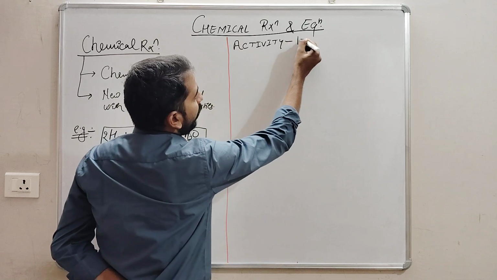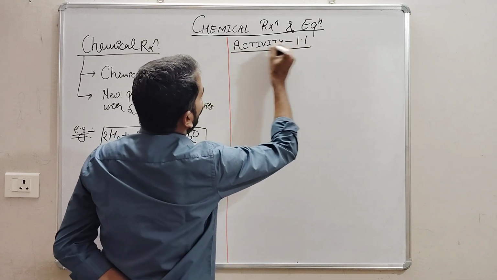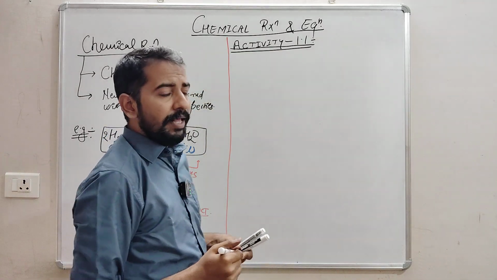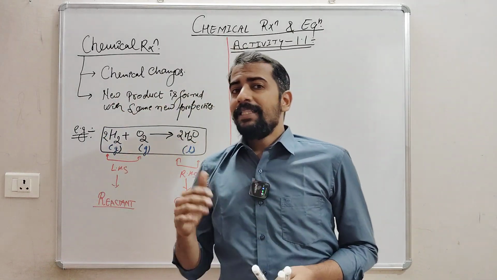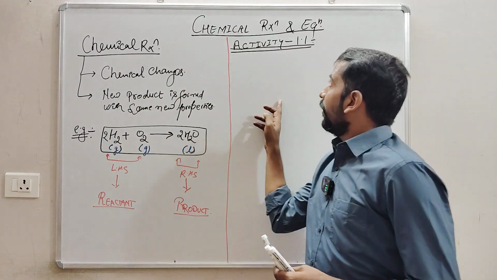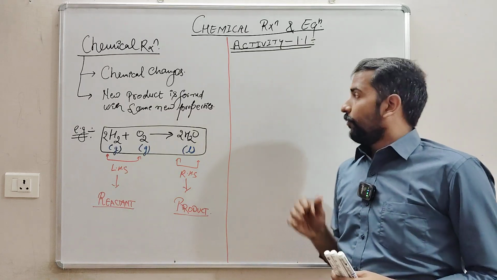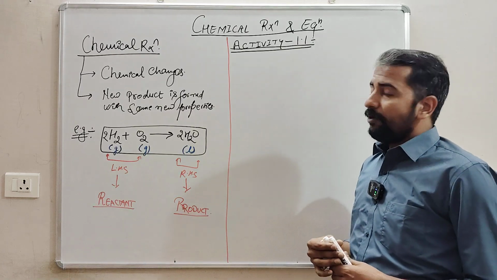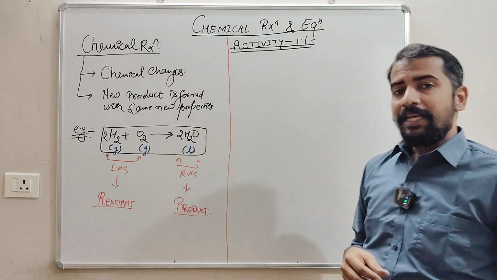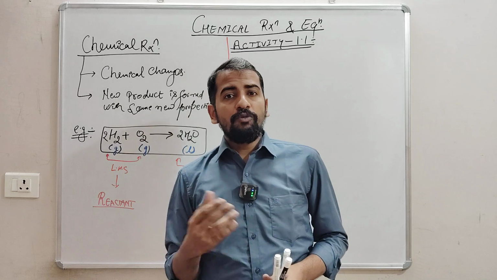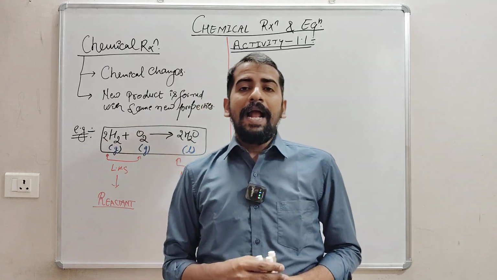Activity, if you will see in your NCERT book, it has given like 1.1. Okay, so by seeing that example, we will tell what are the chemical reactions happening. So in activity 1.1, what they have said is: take magnesium ribbon of 3 to 4 centimeter and burn it.